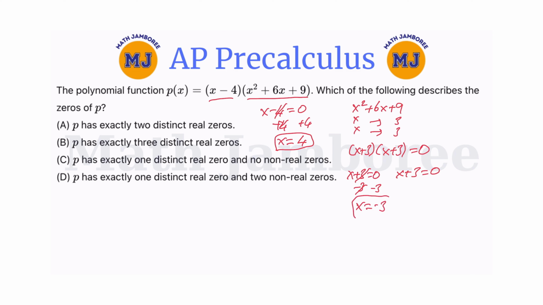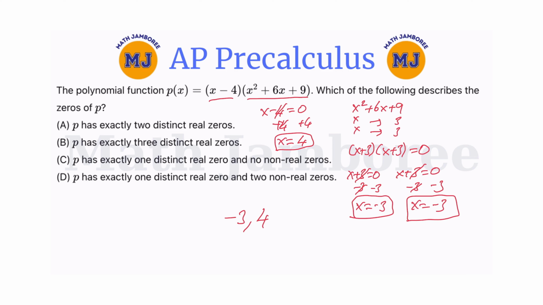This is exactly the same thing, so we do the same thing: x equals negative 3.